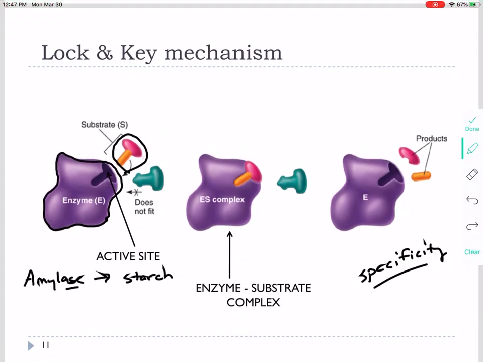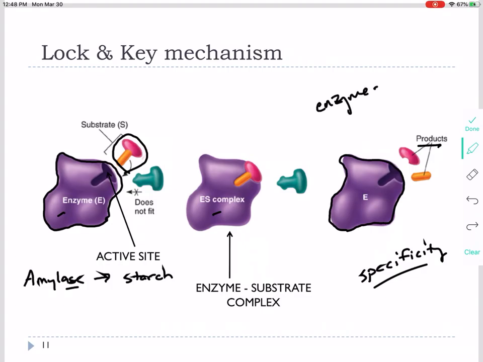Specificity. The other thing I want to say about this is that the enzymes leave the chemical reactions unchanged. If you notice, this series of pictures demonstrates how an enzyme binds to a substrate, speeds up the chemical reaction, and then the chemical reaction is done. The enzyme is the same structure as it was at the beginning.